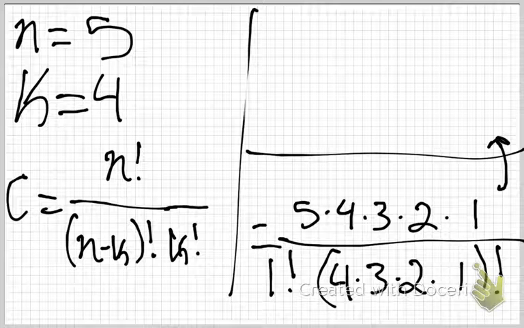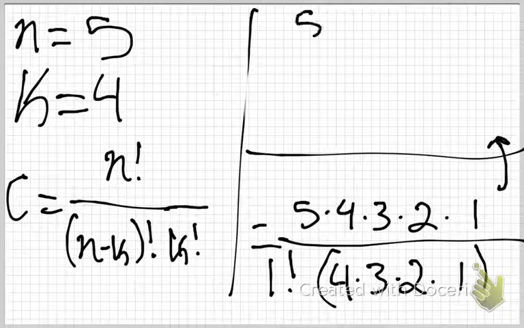I'm going back and forth between the top and the bottom, hopefully that's not too confusing. Oh, I made a mistake. 4 factorial is equal to 4 times 3 times 2 times 1, so this shouldn't be here. I accidentally put that factorial right there. And 1 factorial is equal to 1.